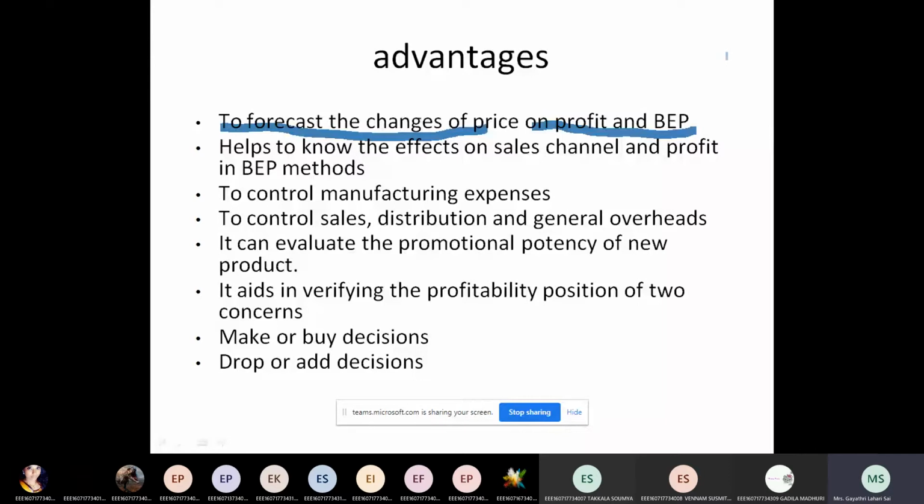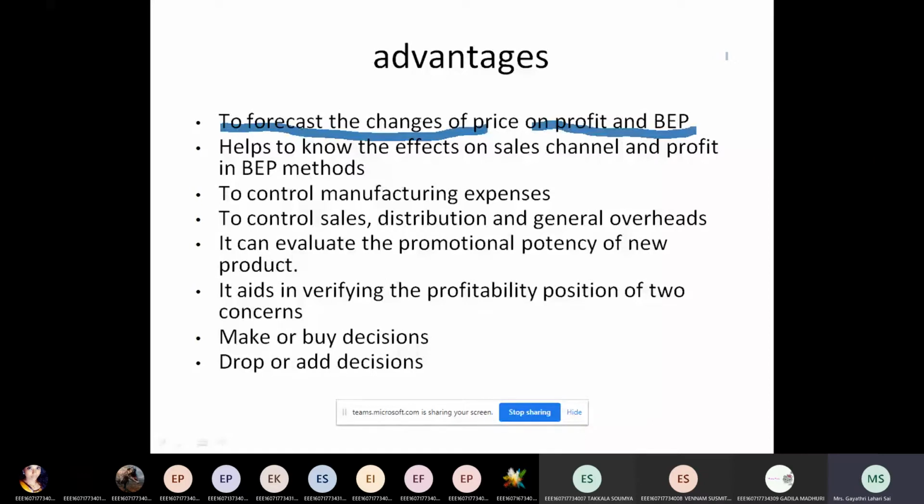If you wanted to compare two products, or two firms, or two types of business that you own, say you are manufacturing two different products in a firm, you can compare them in terms of profitability. Two concerns means you can take two types of products or two types of businesses, two types of firms, and compare them.